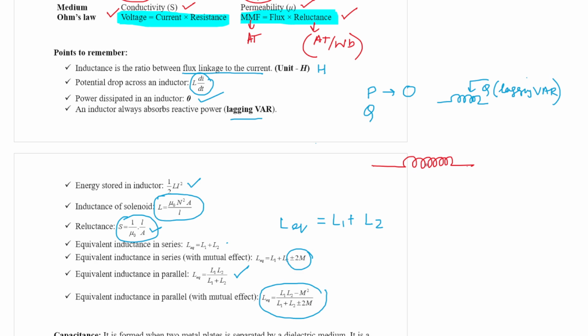A current is flowing through the coil, and this magnetic field links with the coil. Due to this linking effect, the symbol of the inductance is chosen in this way. It is like a linking mechanism, right? That is why the inductance symbol is given in this fashion.